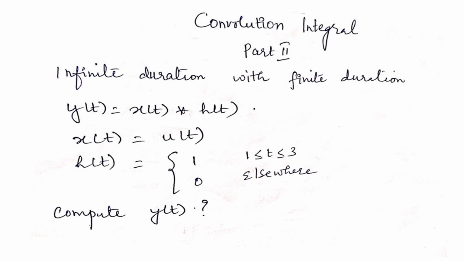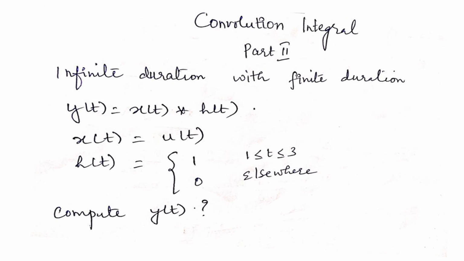In the earlier lecture, we discussed how we can convolve two infinite duration signals. We have seen that there were two cases, t greater than or equal to 0 and t less than 0. In today's lecture, we are going to see how we can convolve an infinite duration signal, that is u of t, with h of t, which is a finite duration signal.